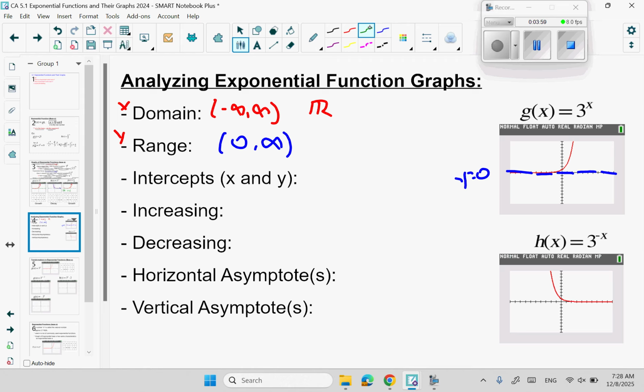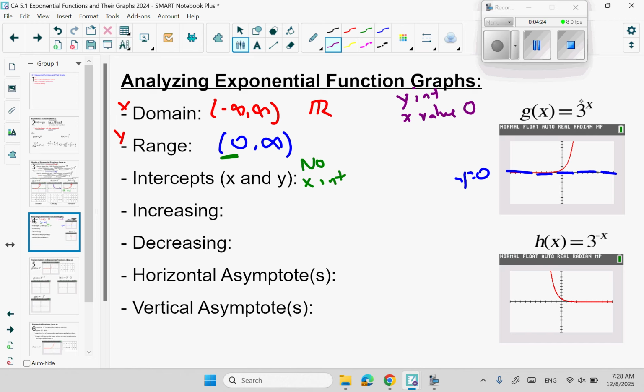X-intercepts and y-intercepts, well, because I never quite get to y equals 0, I have no x-intercepts. I do, importantly, have a y-intercept. It uses this idea here. Well, remember that a y-intercept always has an x value of 0.